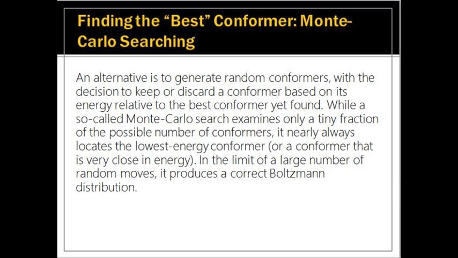In that case, you can do something called Monte Carlo searching, which has been emphasized for a long time. There, you will rapidly find the best one, but you will rapidly ignore other regions which might have other good ones. So for the purpose of finding the best one, Monte Carlo methods are fine. For the purpose of actually trying to get a good distribution, Monte Carlo methods are not acceptable.